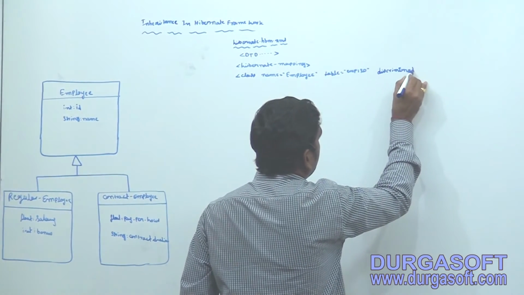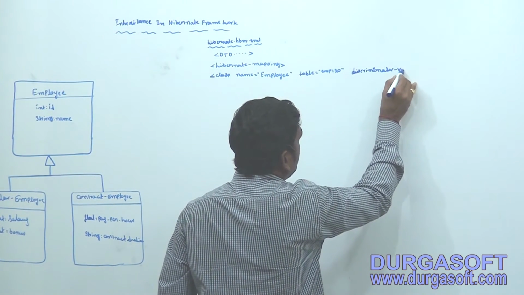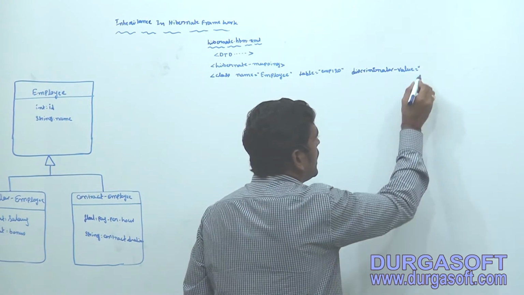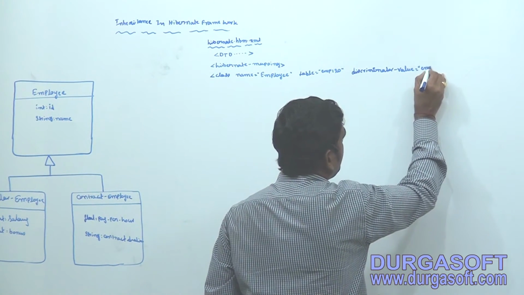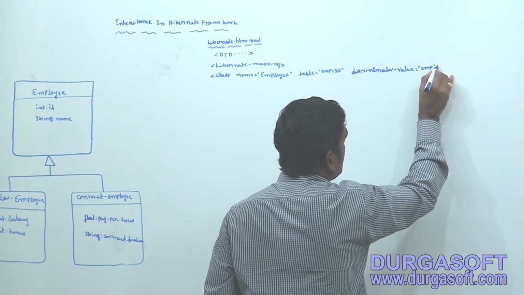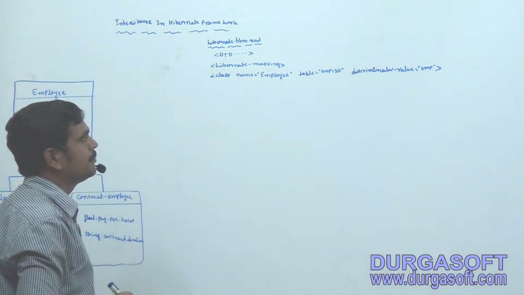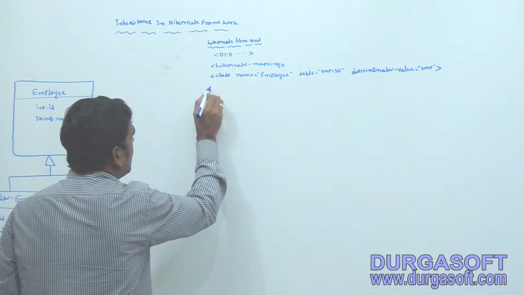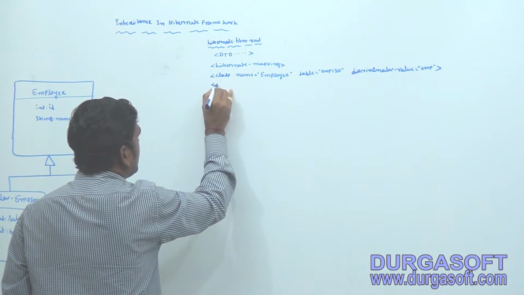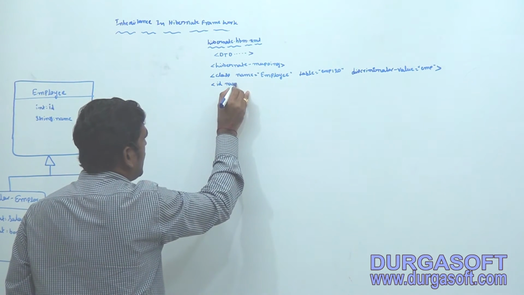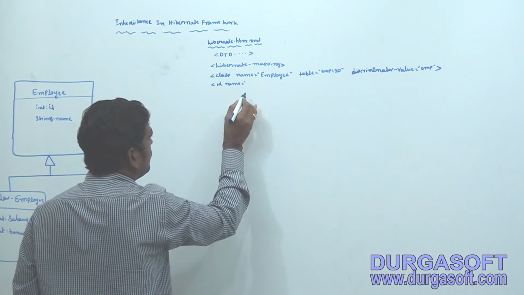Discriminator-value is equal to EMP, right? EMP. The next, after that, we have to take the ID. ID name is equal to ID.